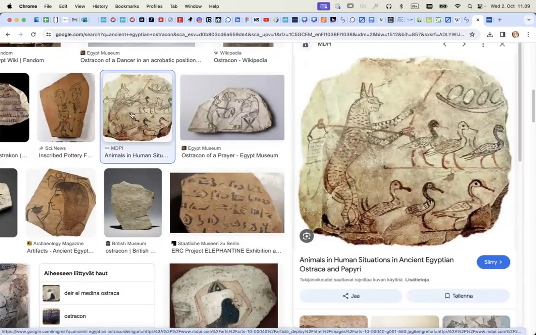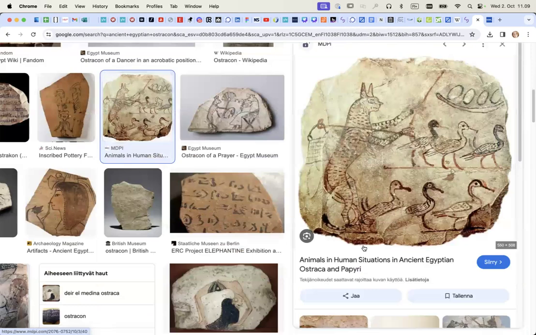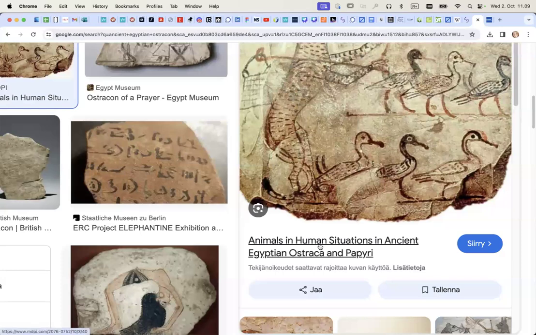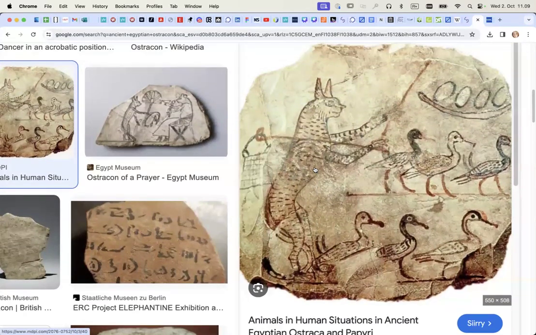Or I'm guessing this is part of some story that we have a cat who's herding some ducks.